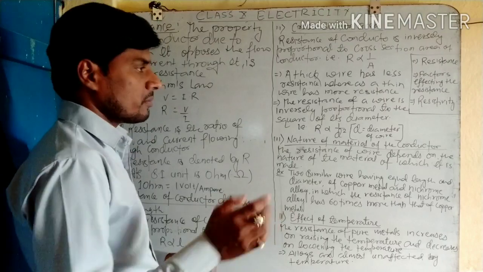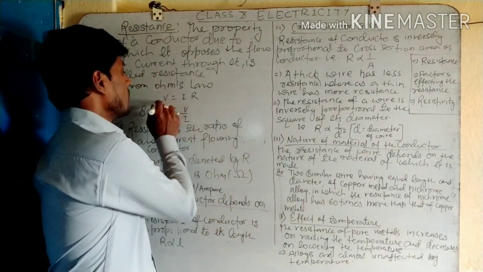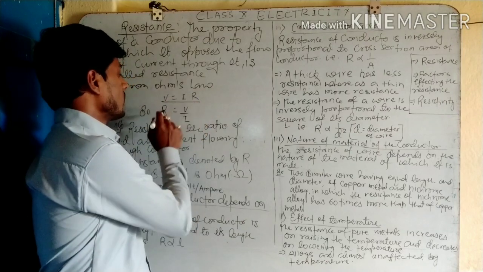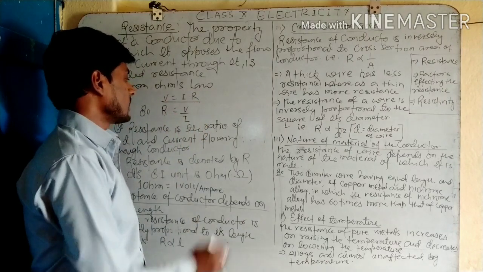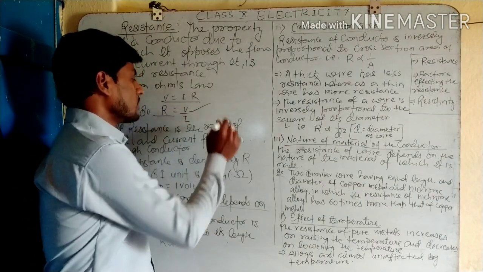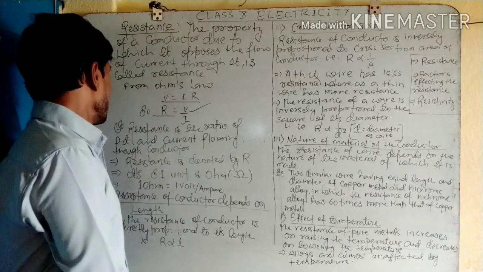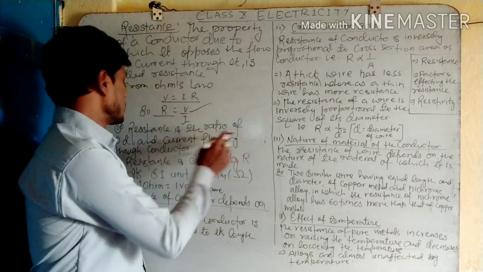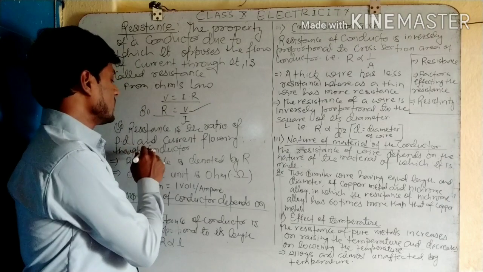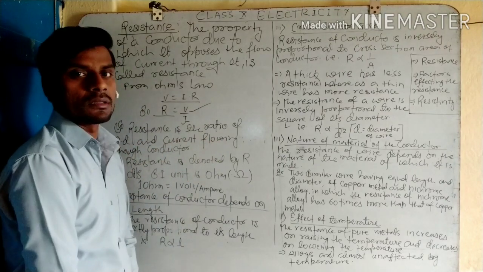We know very well according to Ohm's law, V is equal to I into R. So R is equal to V by I. Here R is resistance, V is potential difference, and I is electric current. So resistance is the ratio of potential difference and the current flowing through the conductor.